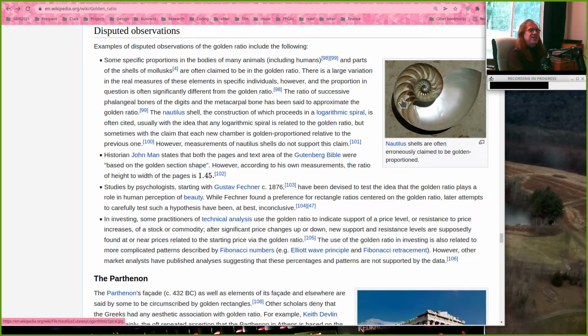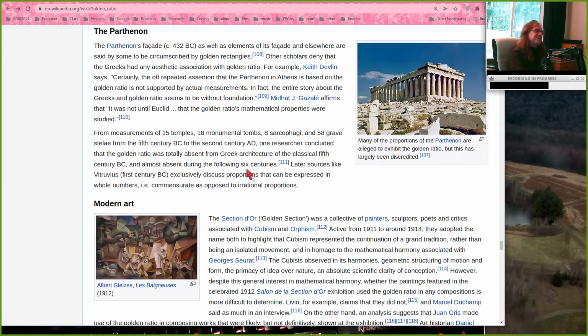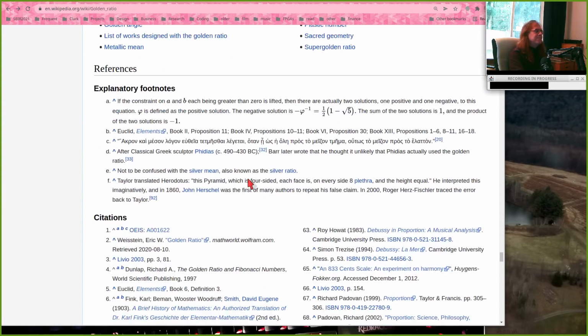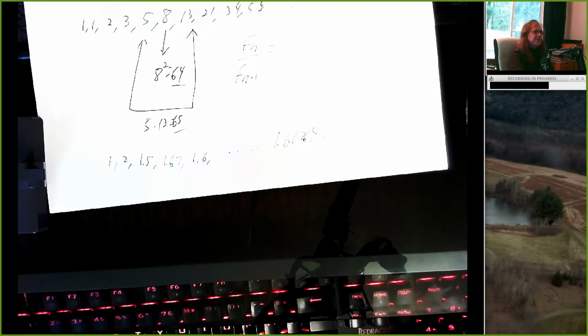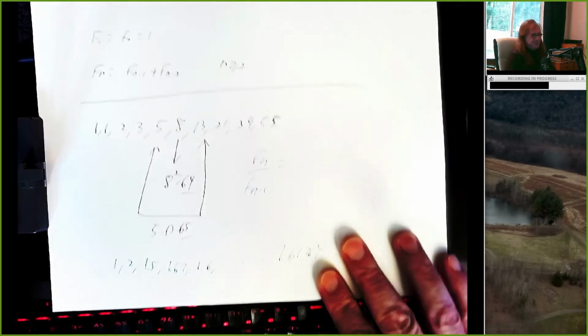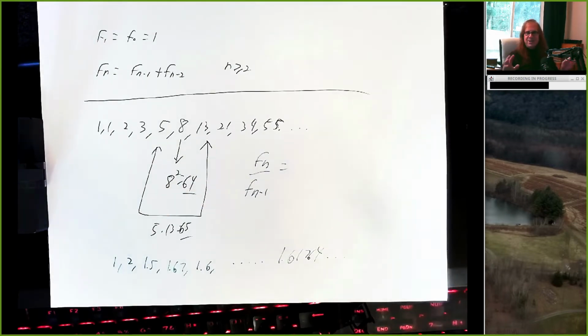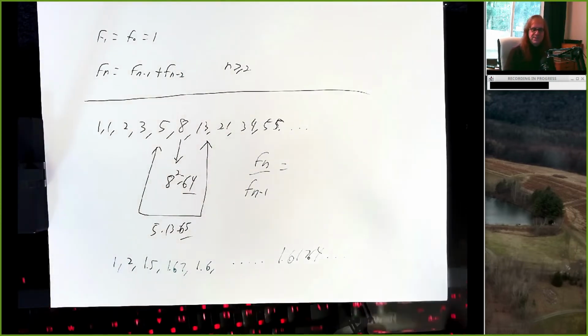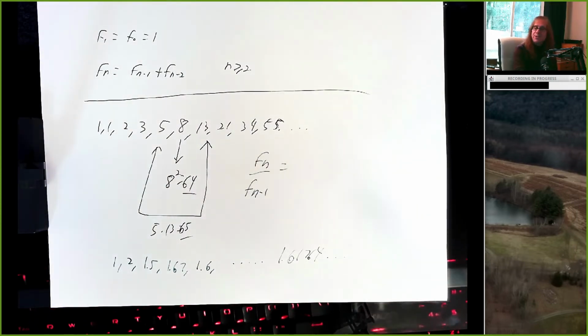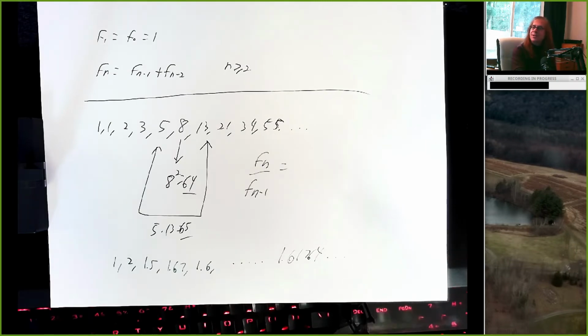And it pops up in natural objects. And so that's a fun thing to go down. And if you like any YouTube channels like Numberphile, they always have videos related to Fibonacci series and golden ratio, golden mean, things like that.